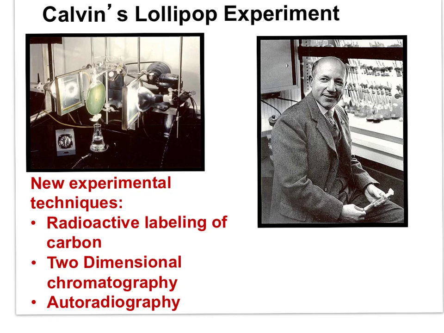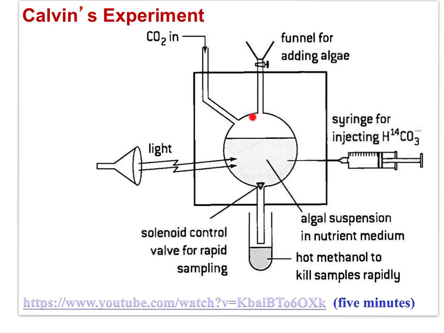The new techniques were radioactive labeling of carbon, two-dimensional chromatography, and autoradiography. Let's take a look. Calvin set up a closed system with photosynthetic algae that he added here.